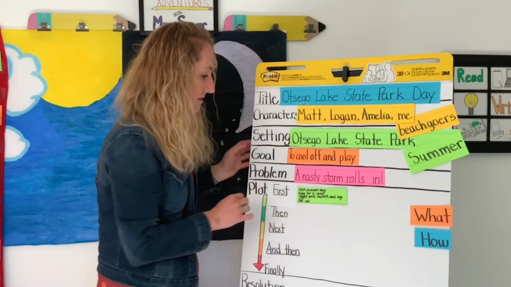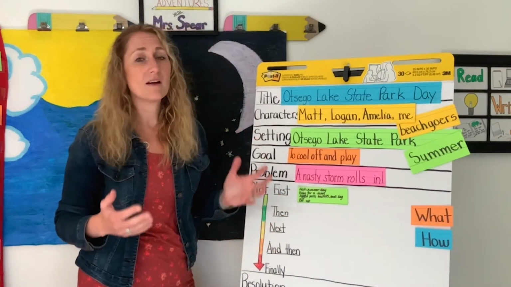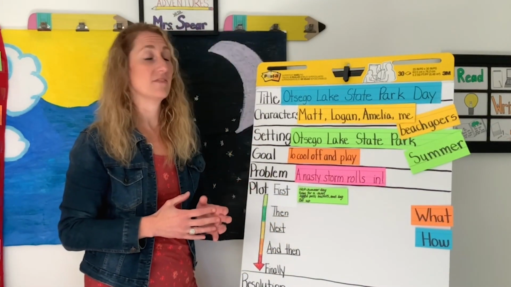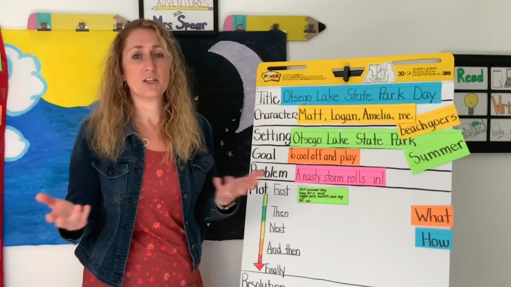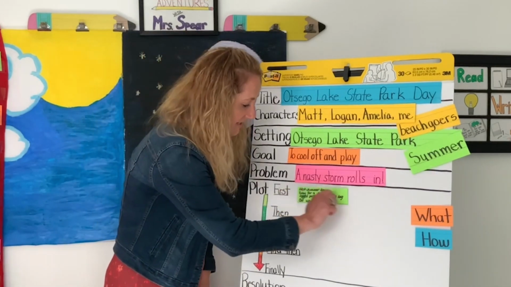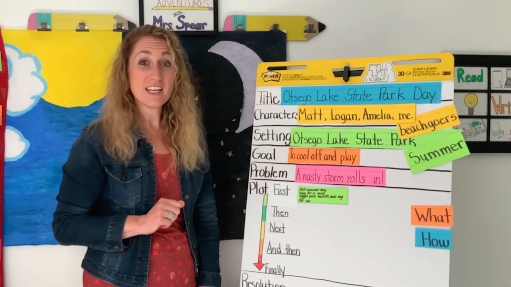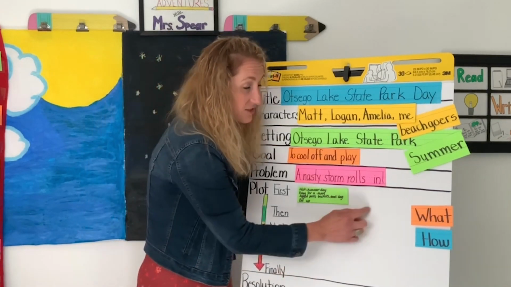So I did this ahead of time. I jotted down some ideas. This part is not needing to be perfect. This is your organizer. I made it look really neat for you because you need to be able to read it. When you do it on your own, you just jot down any ideas that you have. You could even just draw pictures. Like you might draw a picture of a sunshine.